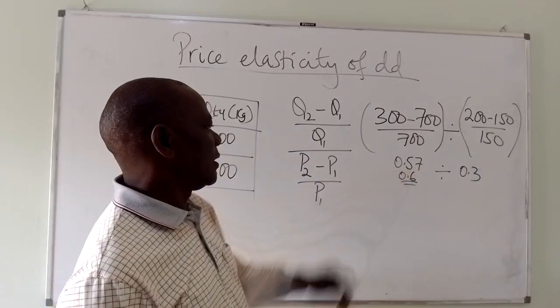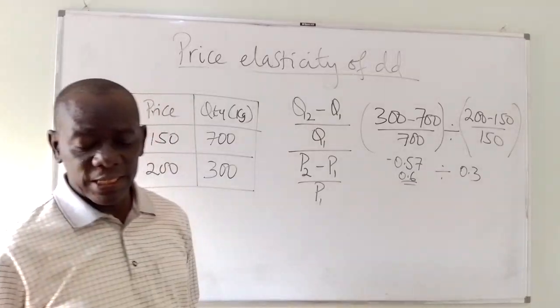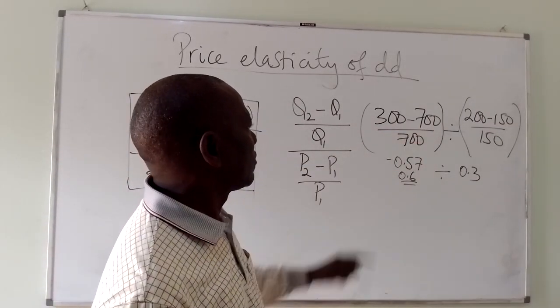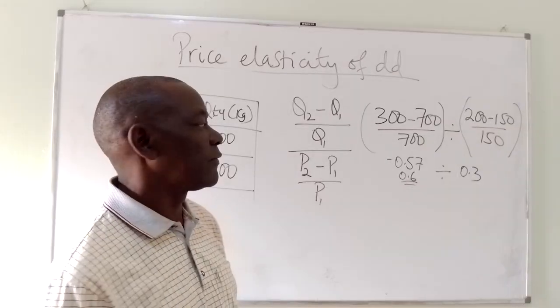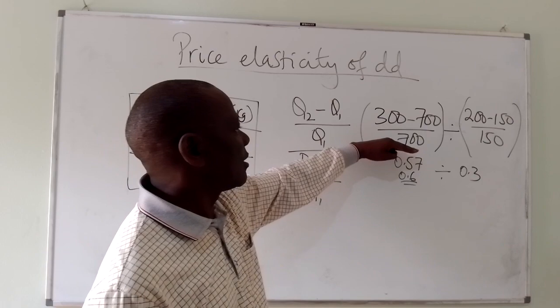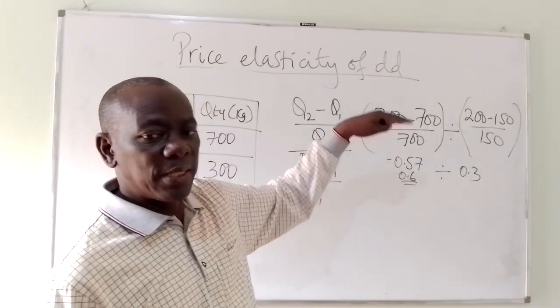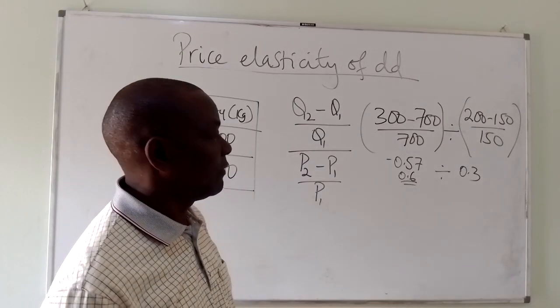When you divide these figures, remember this is negative. Why is it negative? Because 300 minus 700 is going to give you negative 400. And once there is a negative on this and the other one is positive, a negative divided by a positive gives you a negative figure.